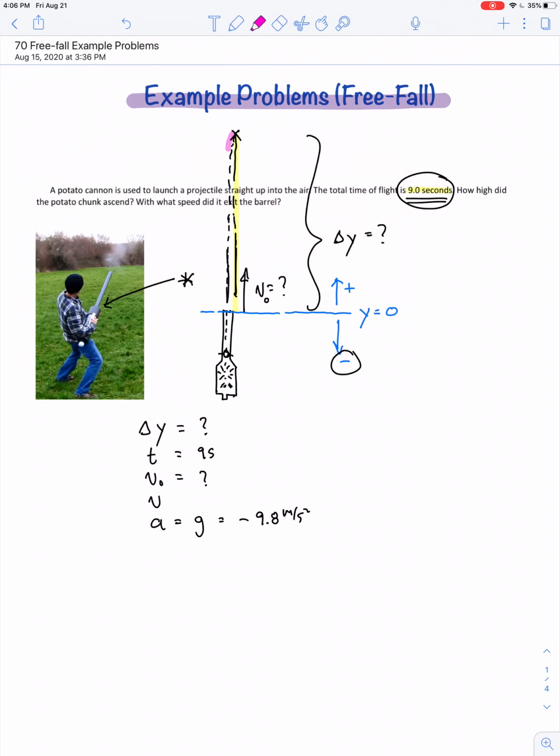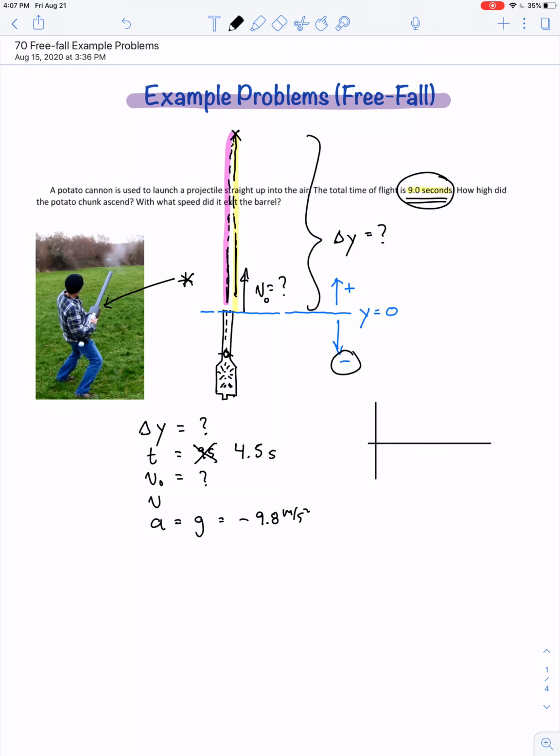I'll say in pink, the potato chunk is rising, and in yellow, it's falling. So let's just do a study of the falling. Then the time spent isn't 9 seconds, it's 4.5 seconds.